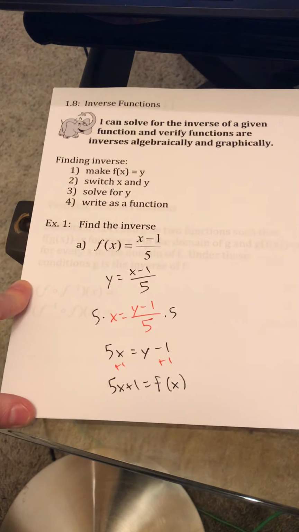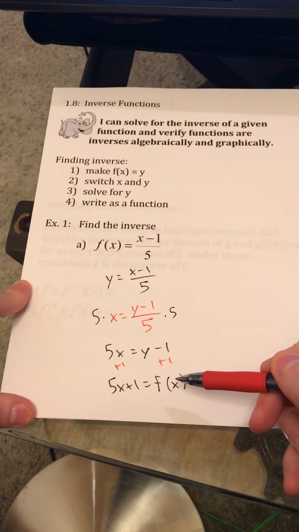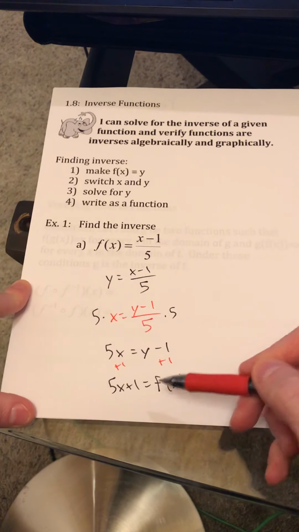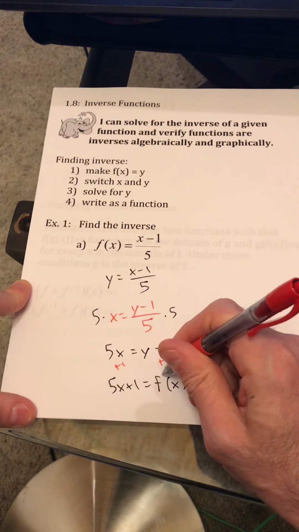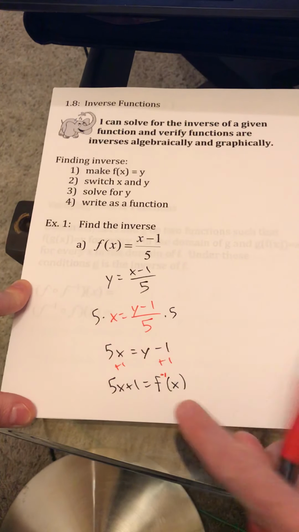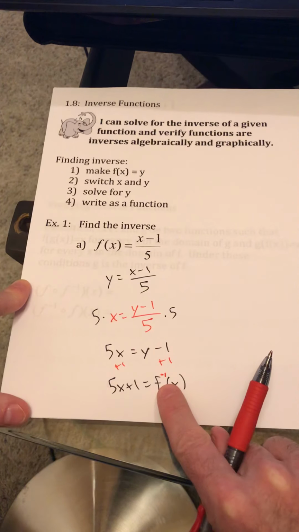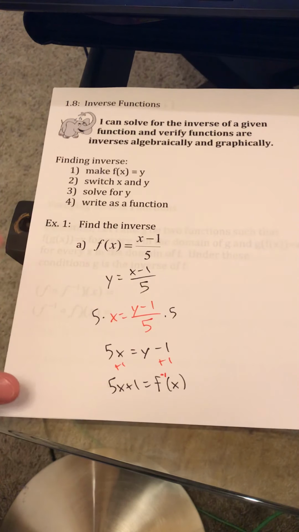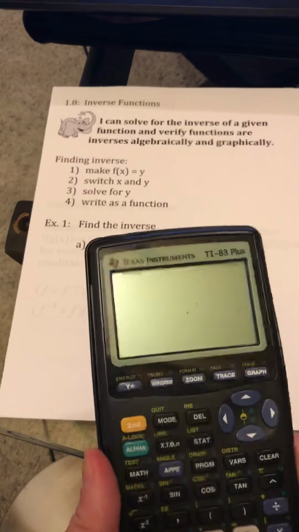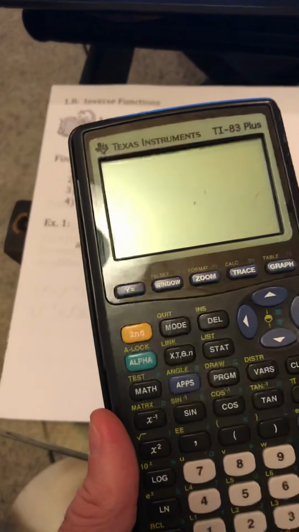There is one other small thing we are going to include to indicate that it is the inverse function. We use what looks like a -1 exponent, but basically that is the inverse notation. You have certainly seen that in geometry.